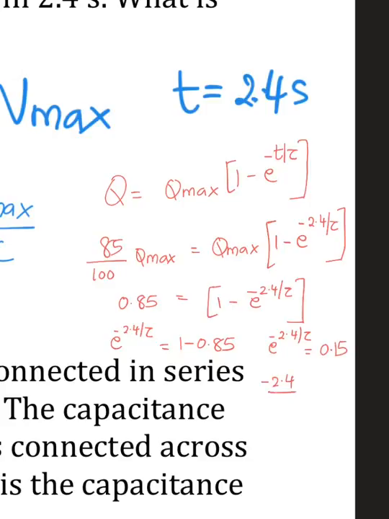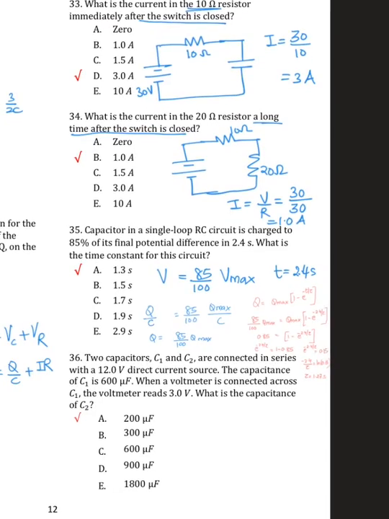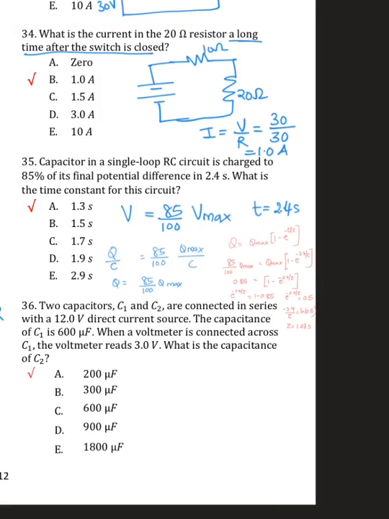So negative 2.4 over tau is equal to ln 0.15. So let's do that. This answer comes out for tau, you can use a calculator and check, for me it is coming as 1.27 seconds, and that's about 1.3 seconds. So we have got the answer for that.